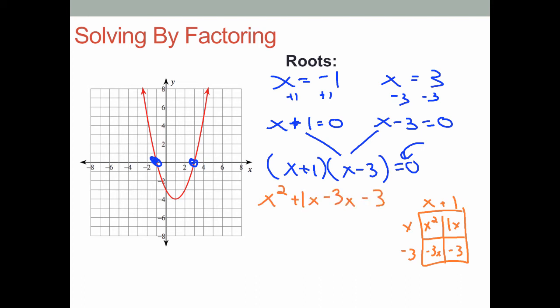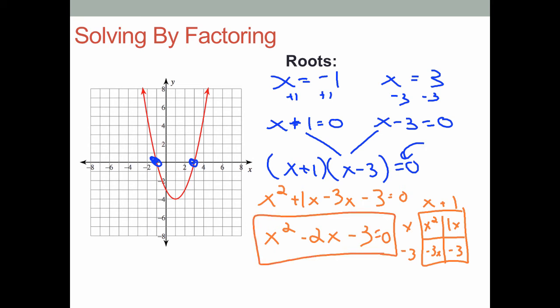Then I can combine these middle terms, and I'll get x squared minus 2x minus 3 equals 0. This would be my quadratic equation or quadratic function that I could graph and find the roots.